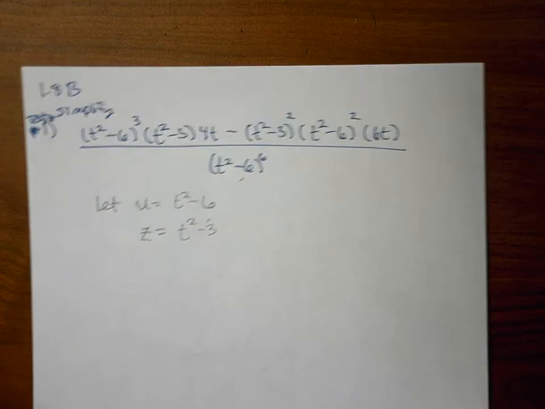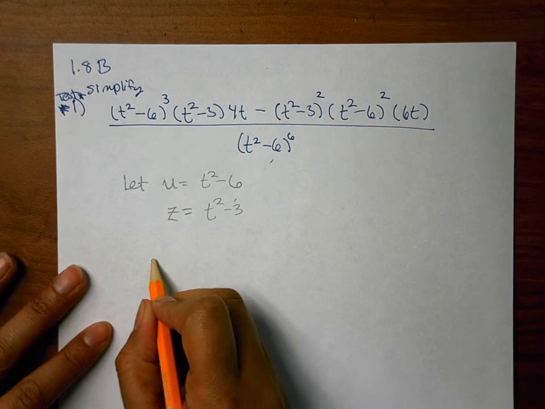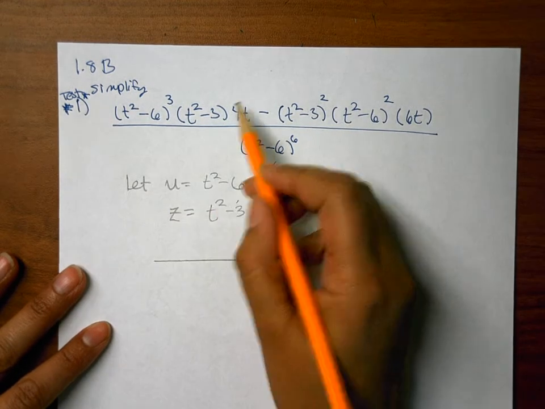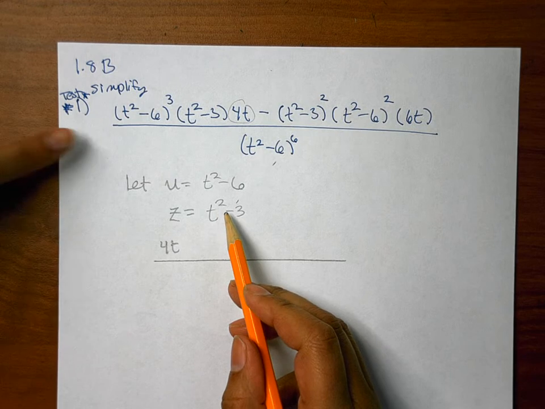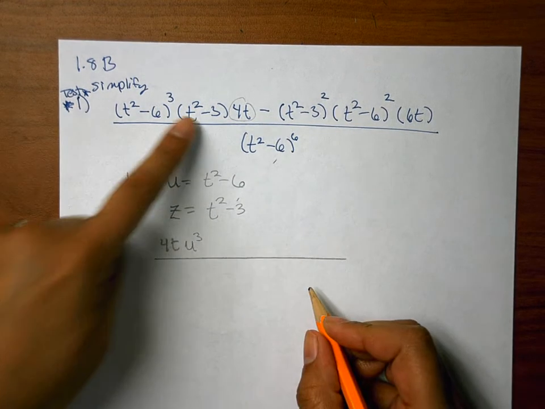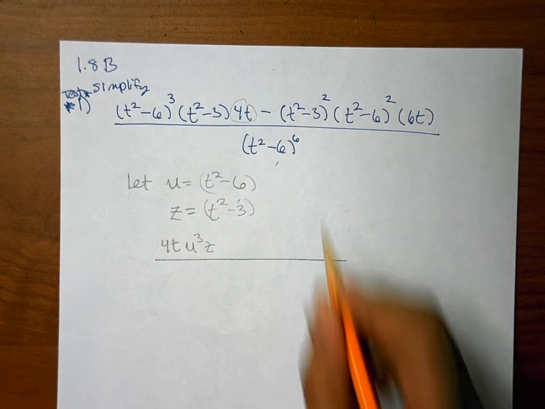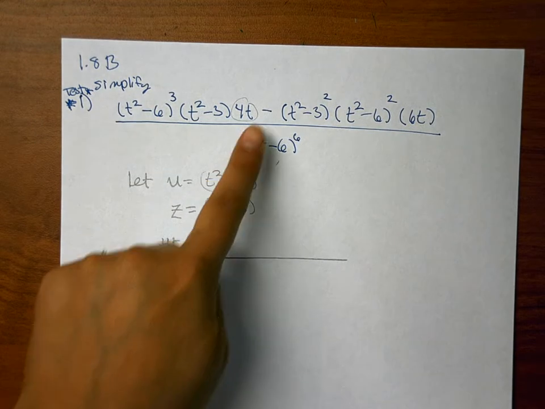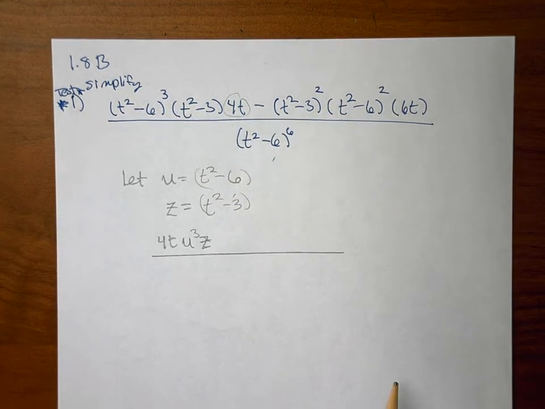Okay, so what I do next is rewrite the whole thing. So I'm going to write my fraction. First thing I'm going to do is take that 4t out to the front. I don't like it at the end. 4t, this is u to the third. T squared minus 3 is z. And that's the first term: 4t, u to the third, z.